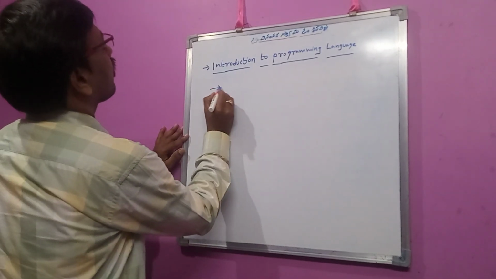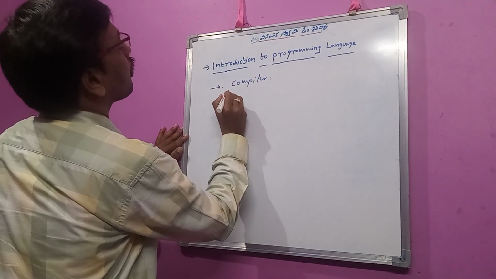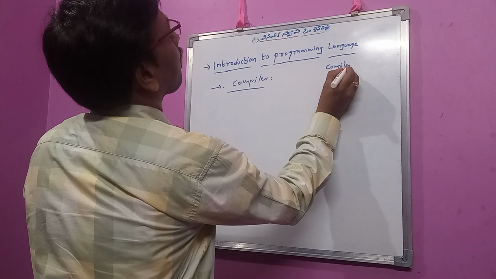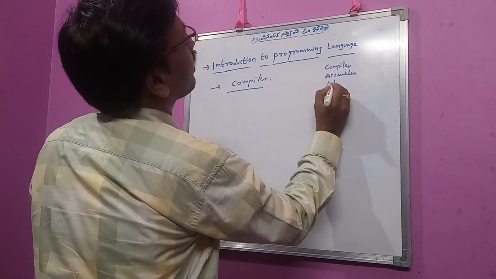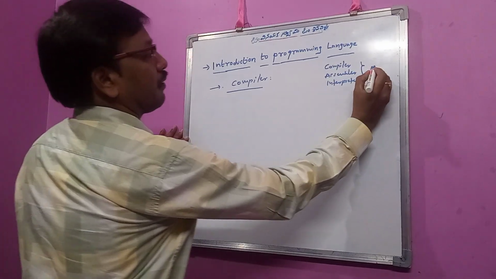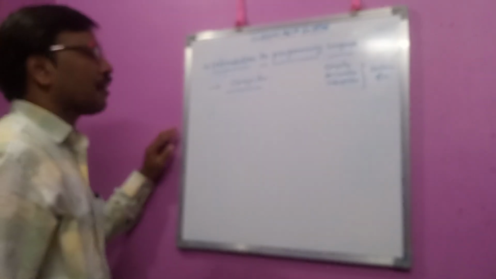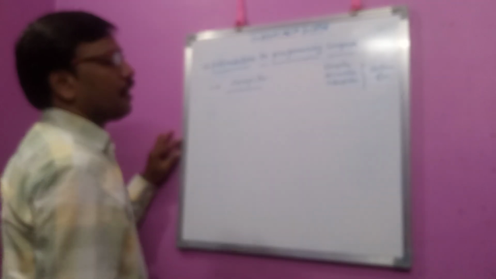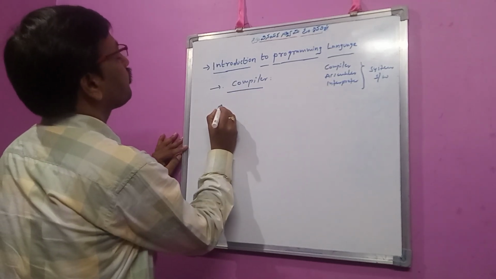First one, compiler, assembler, interpreter are system software. You know, software is nothing but a collection of programs. Now we can see the compiler.